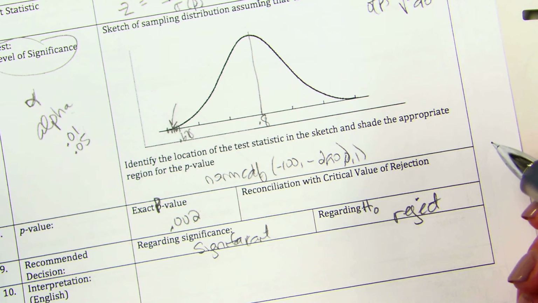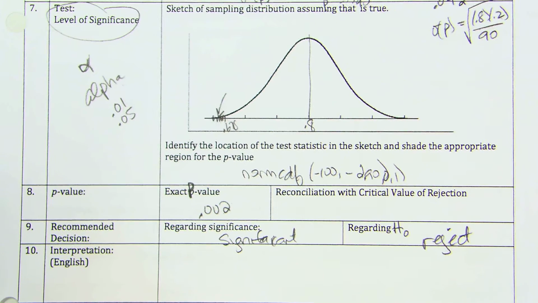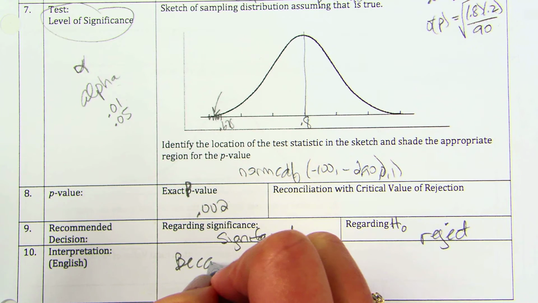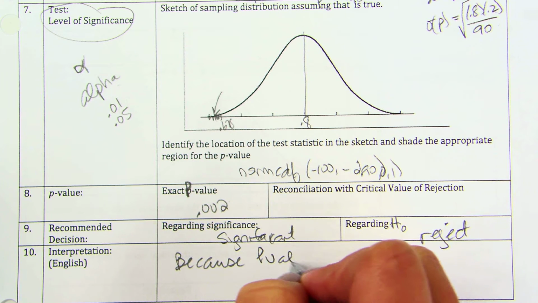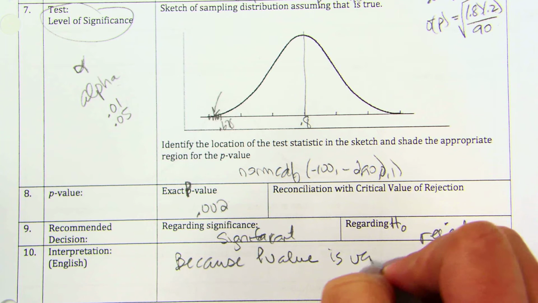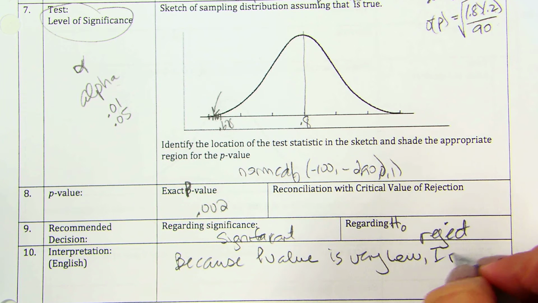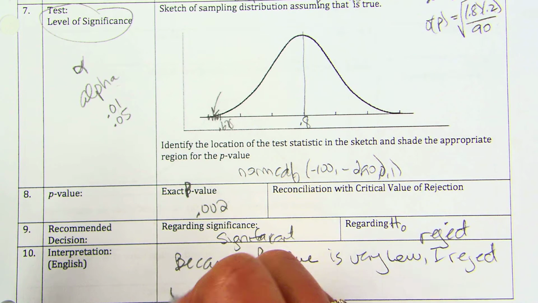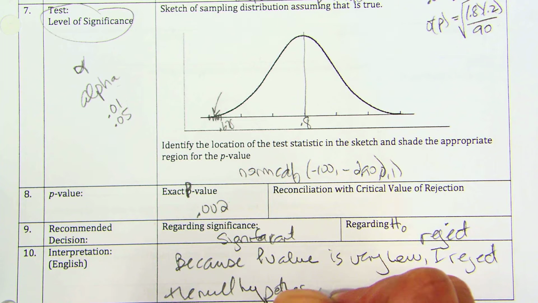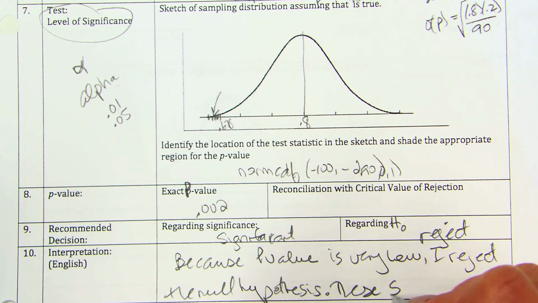Now how we word the interpretation: because the p-value is very low, I reject the null hypothesis. Remember, we're not accepting the other one. Then we talk about the survey data.